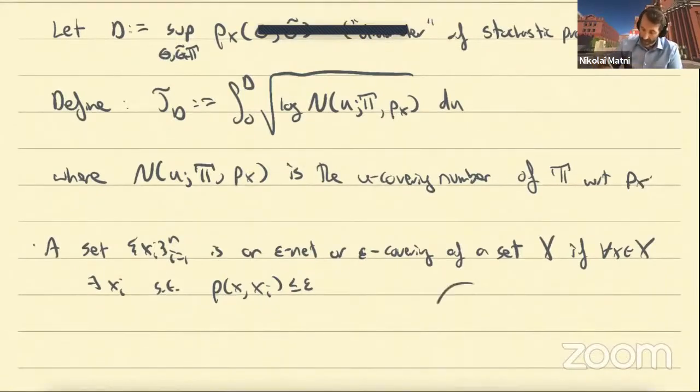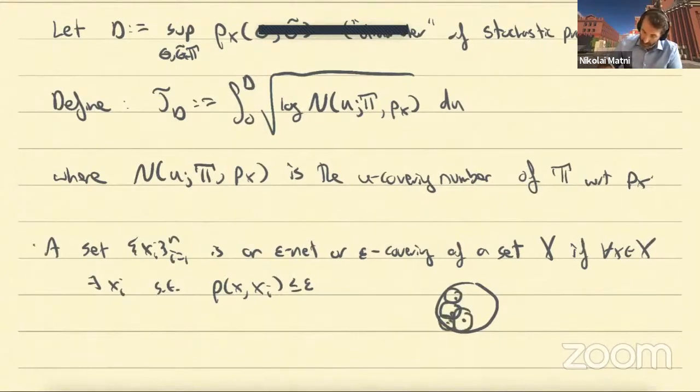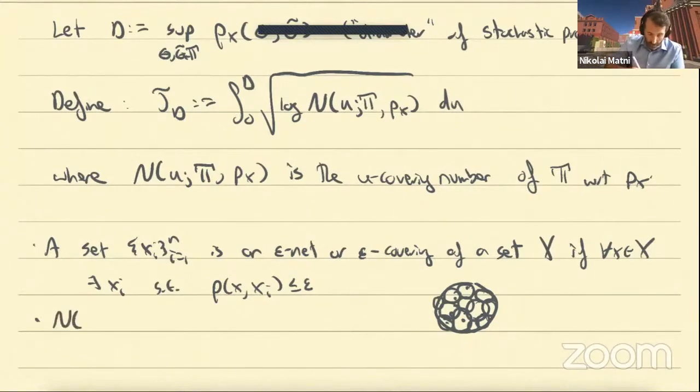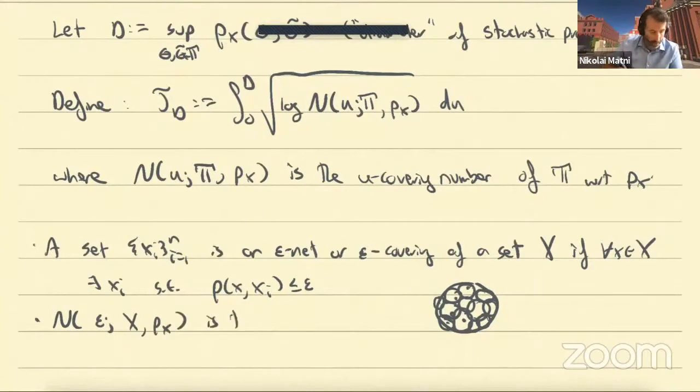And so the picture to have in mind is something like, if that's my set, then these are all my different covering points, all my different discretization points, and you do this until you fill up the whole set. And what the covering number is, is the cardinality of the smallest such set, basically the smallest such epsilon net.